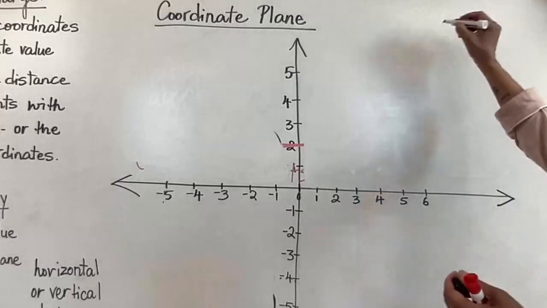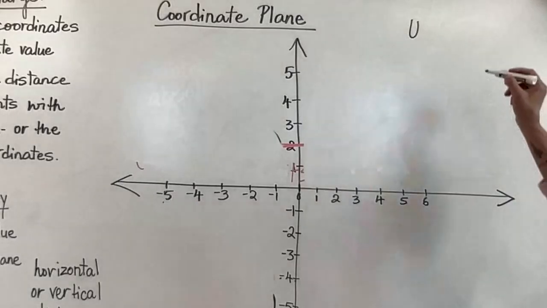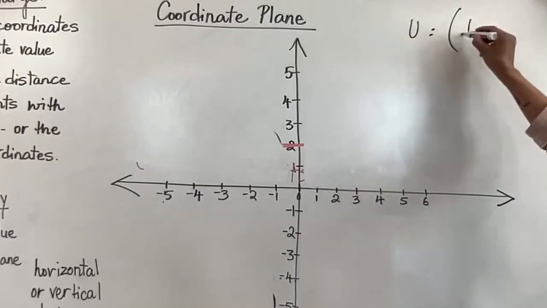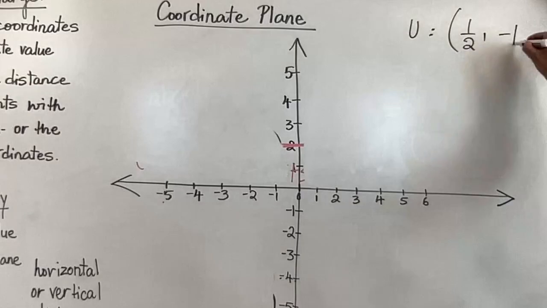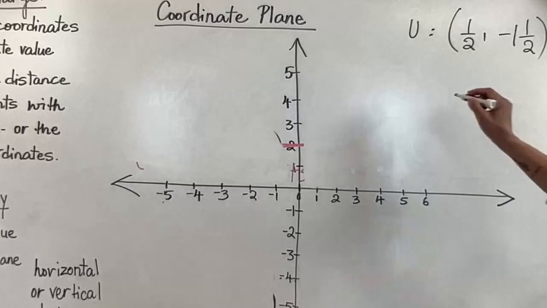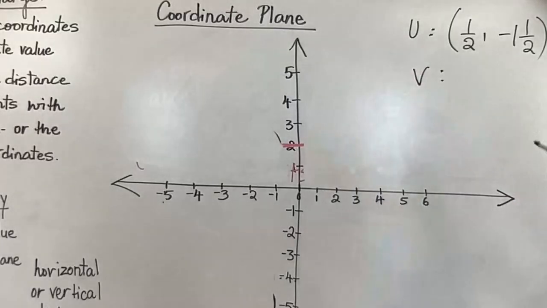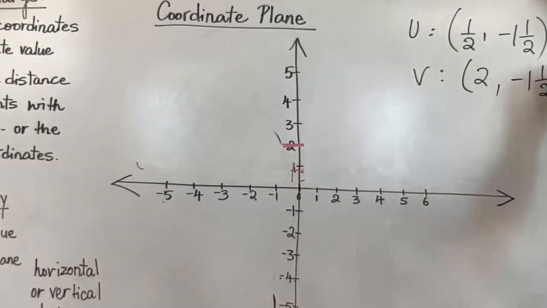Let's say U, which is one of the ordered pairs, is going to be 1/2, negative 1 1/2. And then we have another point, which is V, and this is going to be 2 and negative 1 1/2.